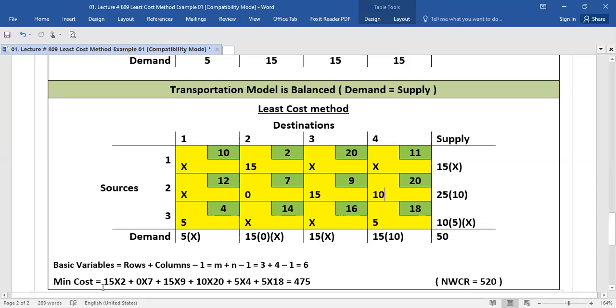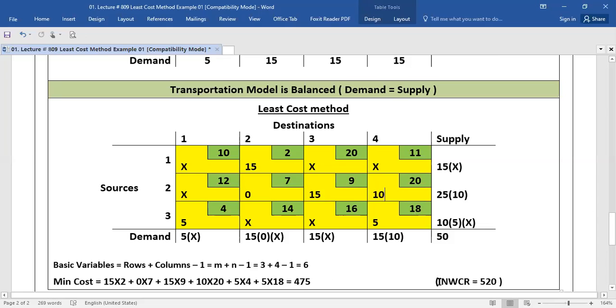The minimum cost will be calculated by multiplying. We look at how many allocations are made in each row. Here 15 multiplied by 2, 0 multiplied by 7, 15 multiplied by 9, 10 multiplied by 20, 5 multiplied by 4, and 5 multiplied by 18. The result is 475. You see that I have the result of NWCR, the Northwest Corner Rule.